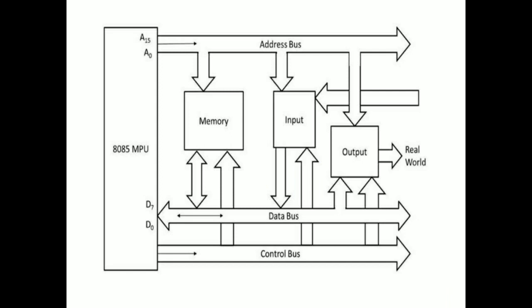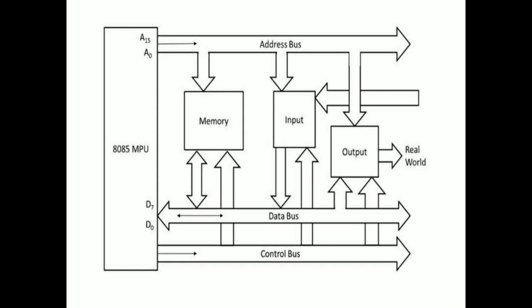The width of the data bus is same as the word length of the CPU. Example, an 8-bit microprocessor has 8-bit data bus. Therefore, the size of the data bus decides the size of the operands and decides the maximum number of operations that microprocessor can perform.